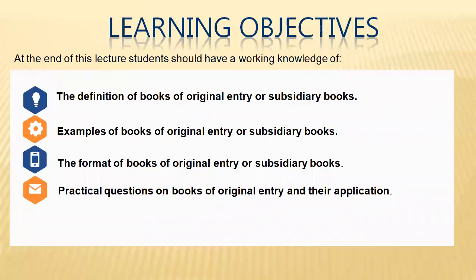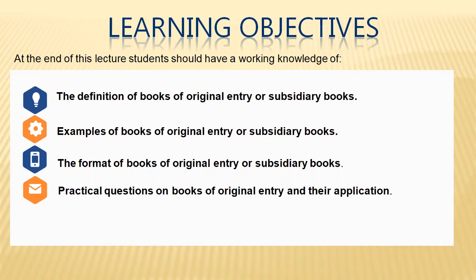For our learning objective, at the end of this lecture, I expect that you should have a working knowledge of the following. The definition of books of original entry. That is what we'll be looking at today, books of original entry, also known as subsidiary books. You are also supposed to know the examples of books of original entry that we have, and the format of the various books of original entry.